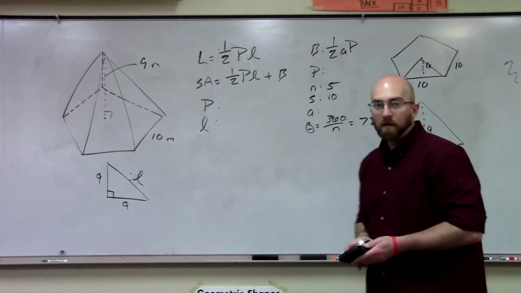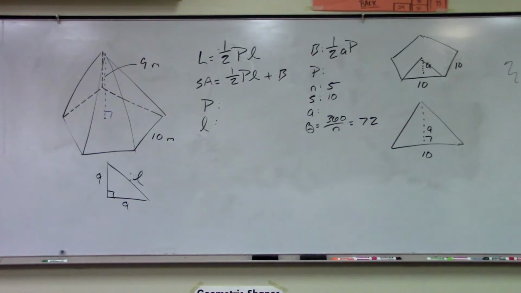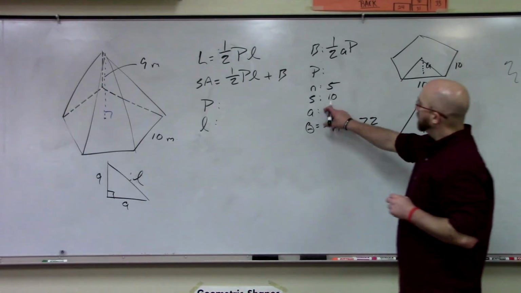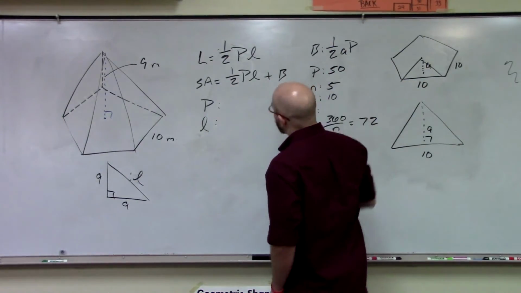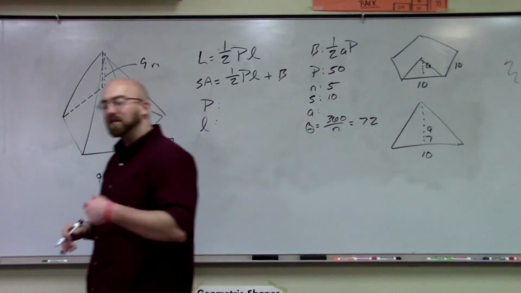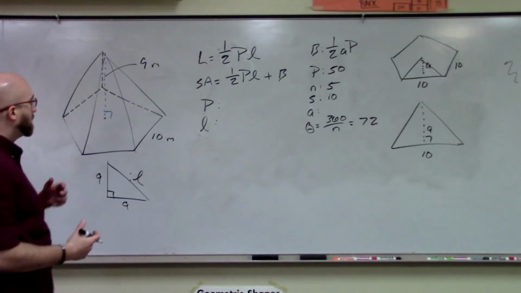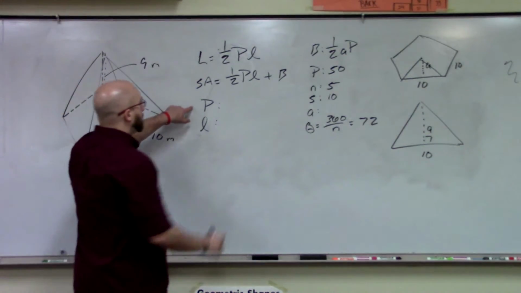Let me make sure I got all this on the board. Yay, I do. All right, so we need to find A. Perimeter is easy, that's 50, because it's N times S, so it's 50. All right, so I can go ahead and put 50 here.